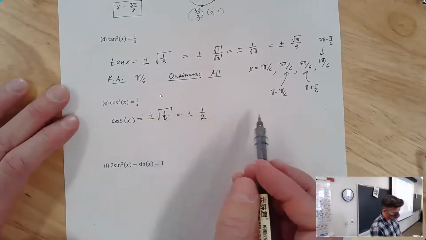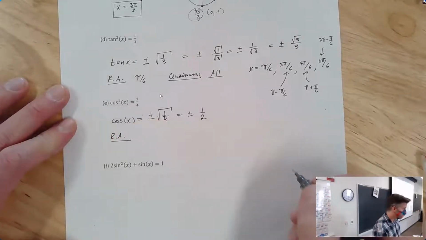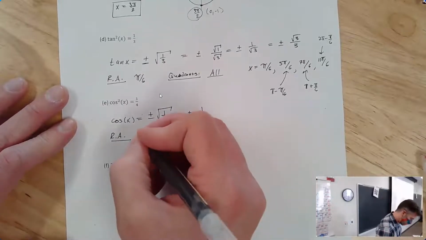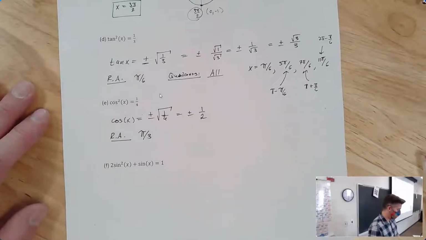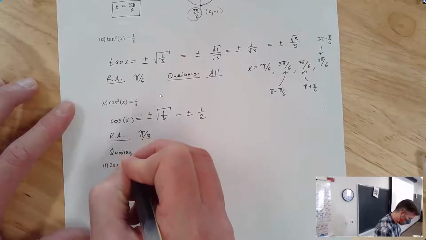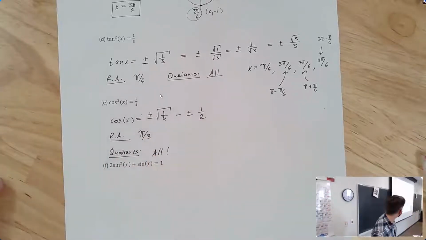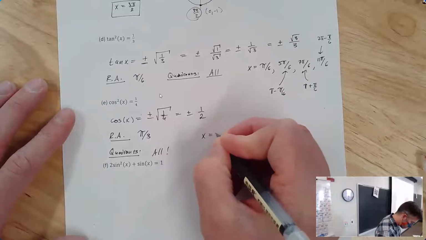So cosine equals 1/2 when our reference angle is pi/3. And then quadrants, again, we get all quadrants here. So we're going to get angles pi over 3.